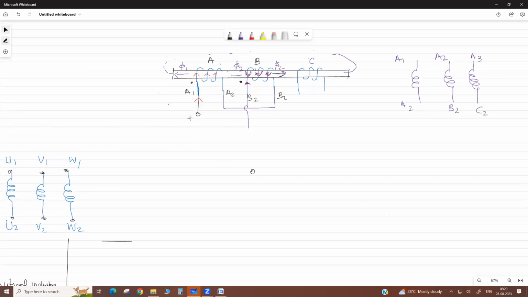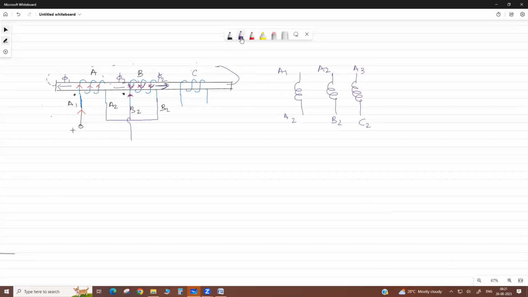When it is manufactured, we determine the polarity and name the terminals. If we connect in star, we short these and apply the voltage here. Then their fluxes are produced this way.